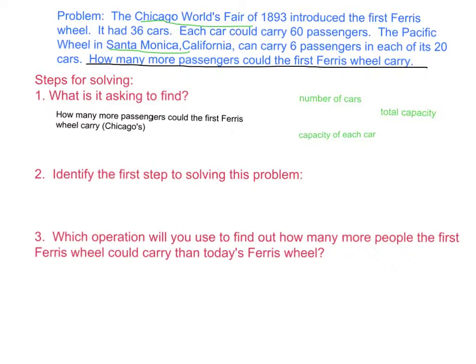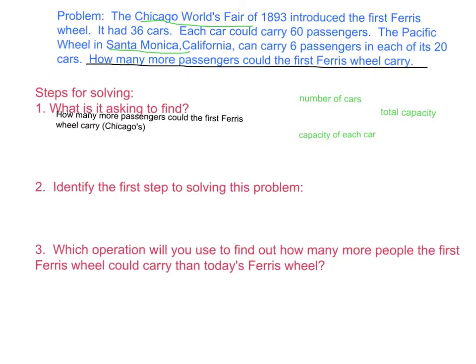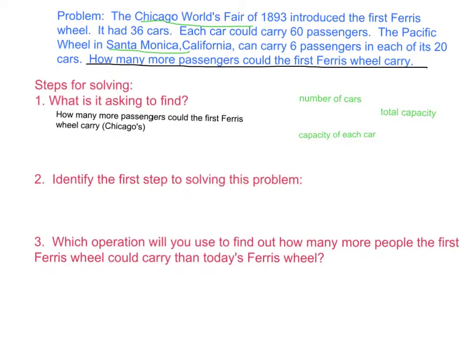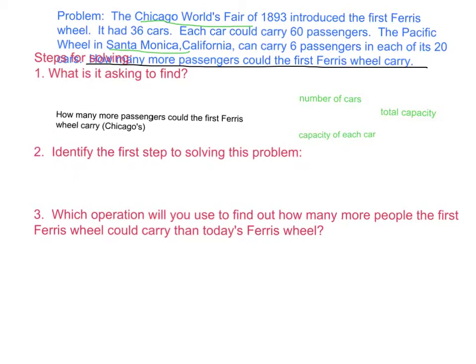I'm going to move this down just a tad. Let me move it up. I'm sorry. Okay, so I'm going to think of first the number of cars, then the capacity of each car, and then the total capacity for that Ferris wheel. Because remember, Ferris wheels have cars.